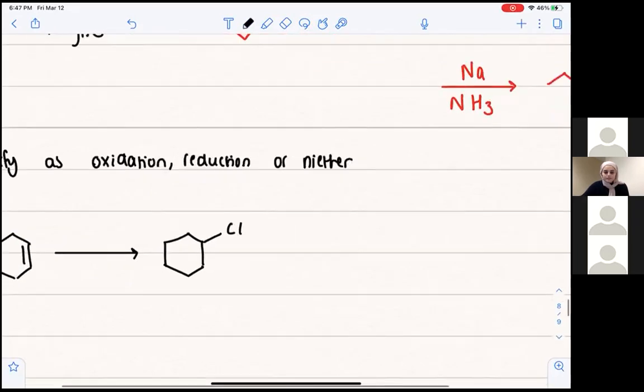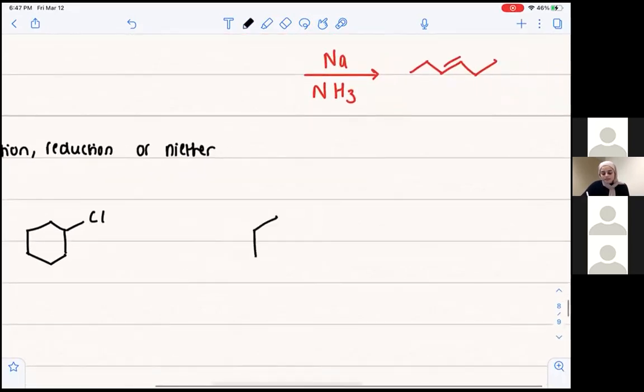My favorite way to do this is to actually draw out hydrogens, count carbons, all of that fun stuff. So over here we have 2, 1, 1, 2, 2, 2, giving us C6H10.